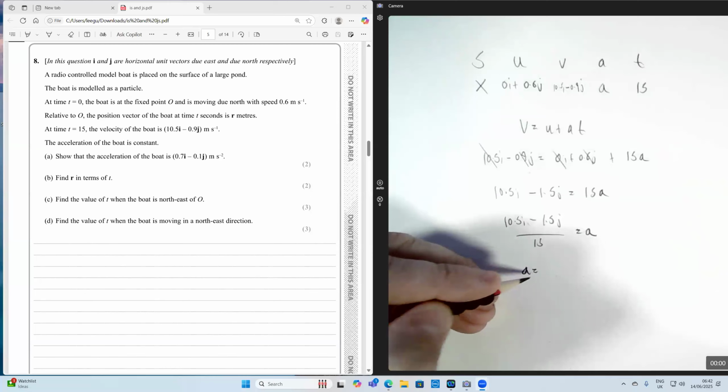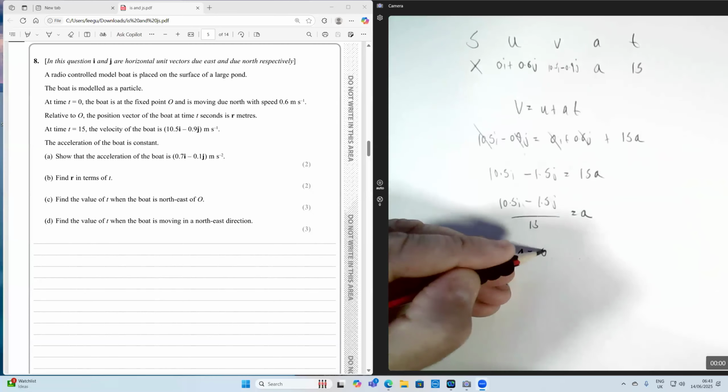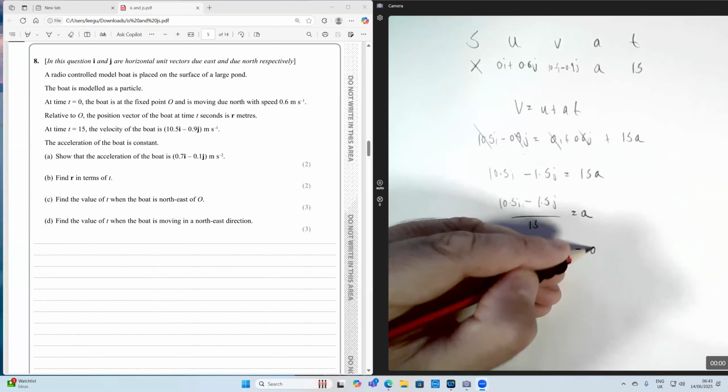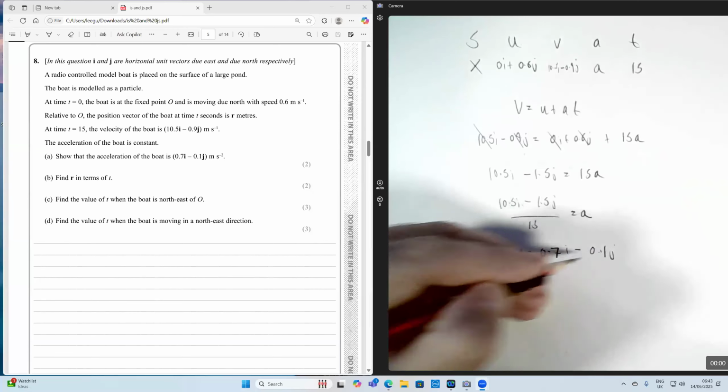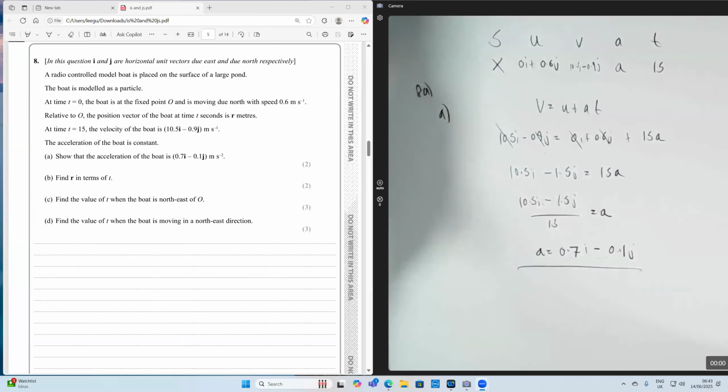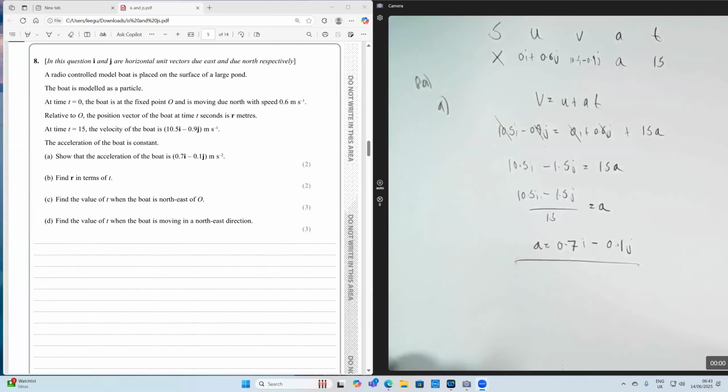And when I do that, I get the required 0.7i minus 0.1j. And this is nice because this is a show that question, so we know that we've got the required results there. Okay, that's part A done.